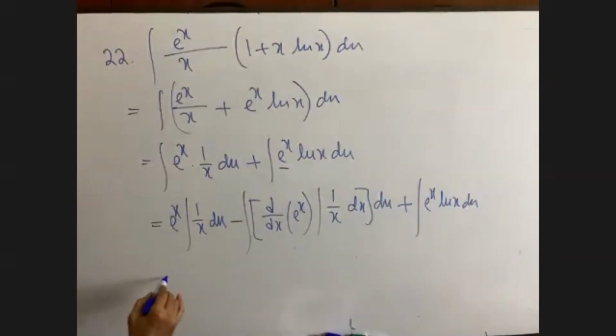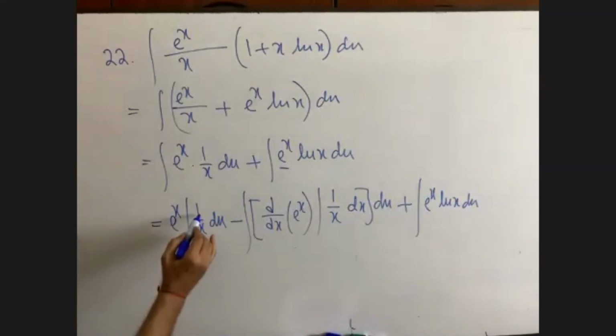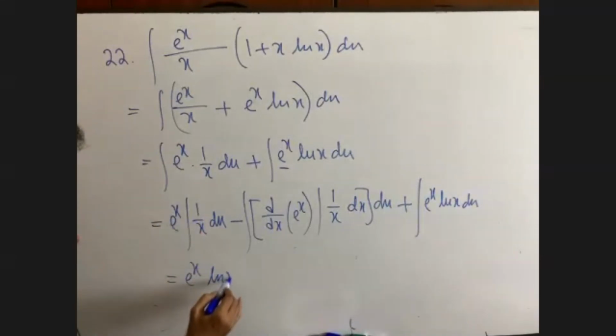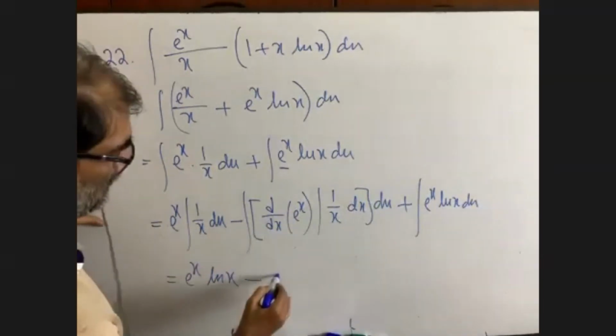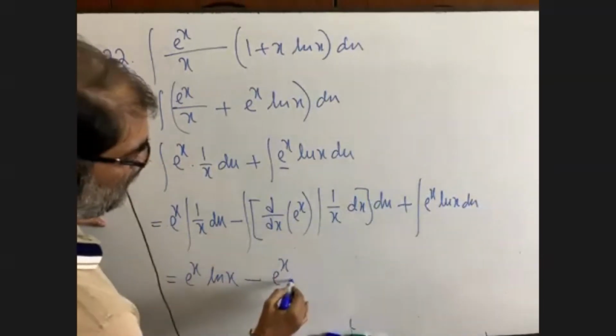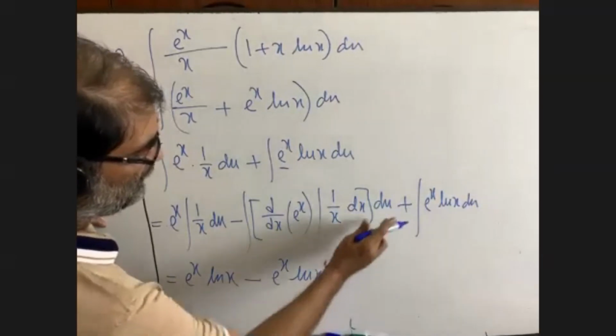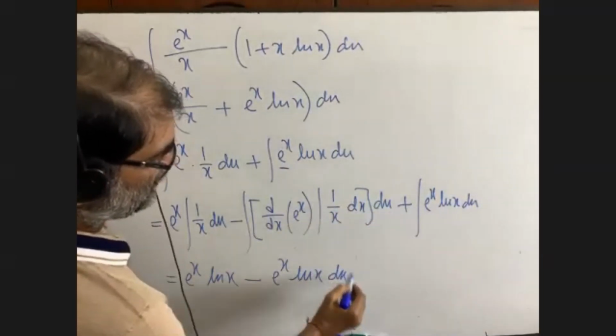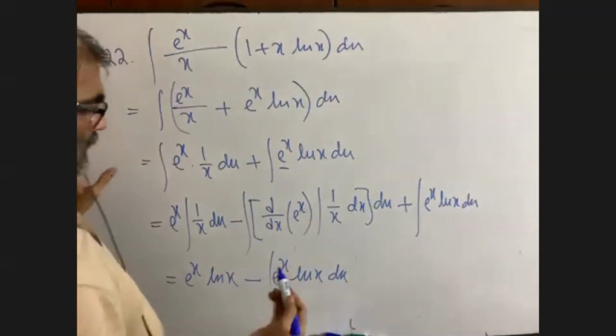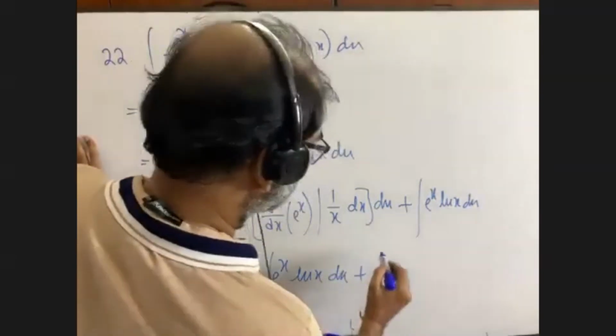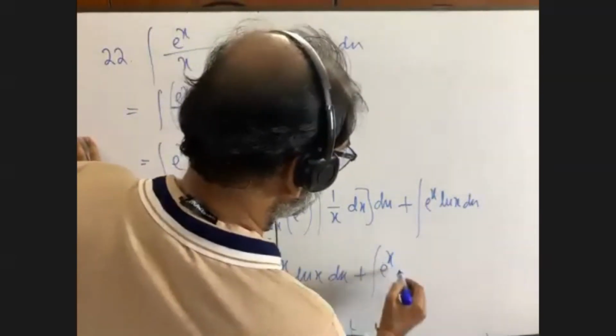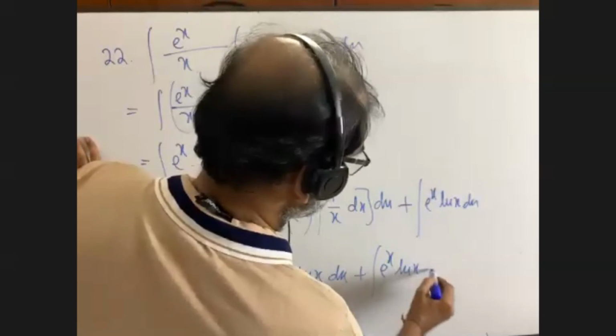Now you see, this is e to the power x, I can write here only ln x, then minus the integration of e to the power x times 1 by x, which is ln x, this is dx, and this is e to the power x ln x dx.